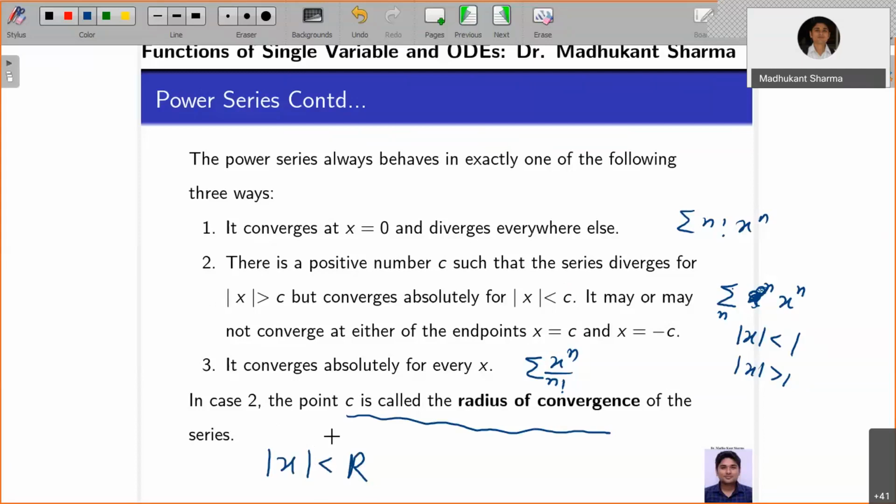It may or may not converge there, but on the safer side you say strictly less than R. You can discuss x equals R or minus R separately. So this point R is called the radius of convergence. Only these cases are possible.